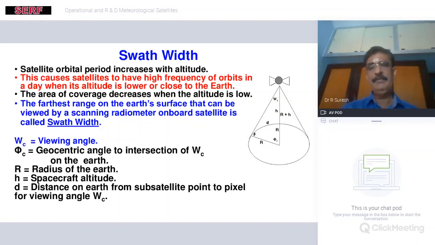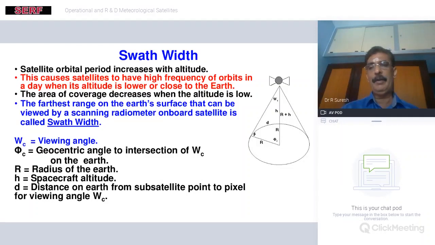Same concept: when the satellite is above the Earth's surface and located at a height, its viewing distance, in short, can be considered as swath width. When a satellite is passing over, especially a polar orbiter, exactly down below it is called the sub-satellite point.